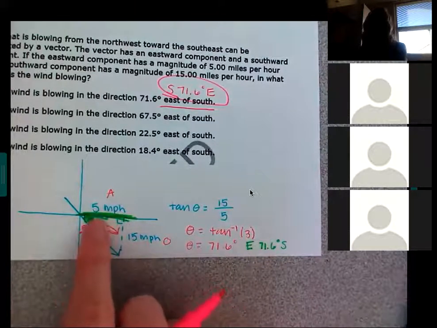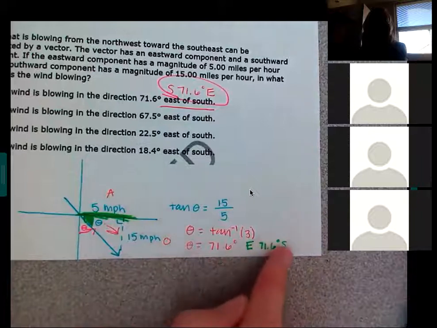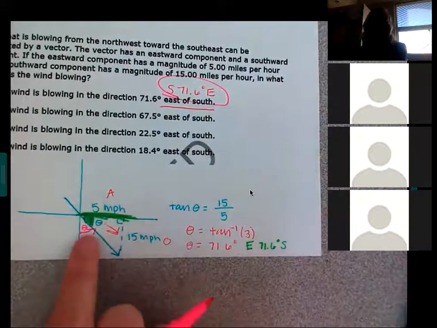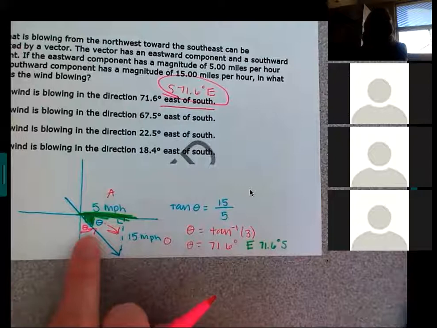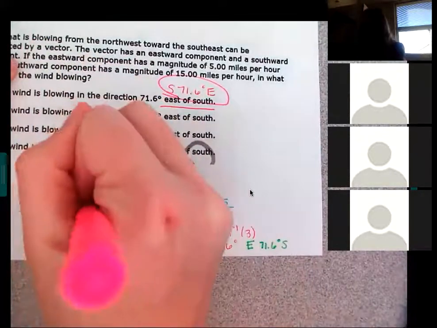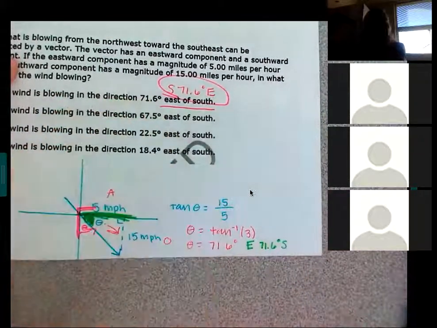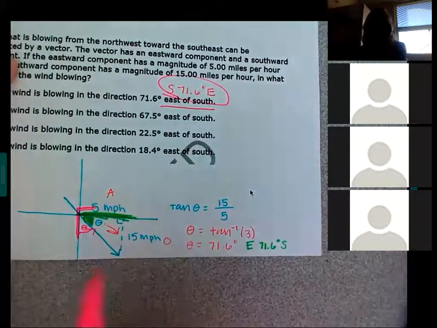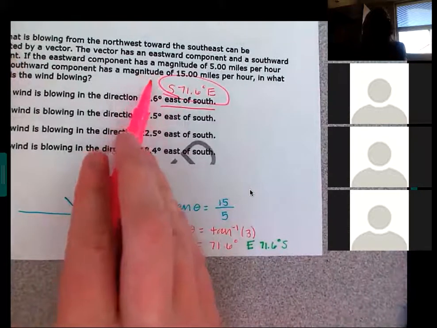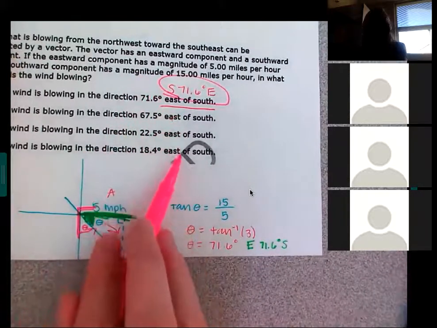So if we found east 71.6 degrees south, how do I find this pink angle right here? What could I do? Good, do 90 minus that, because look, everybody, this is a right angle, right? So it says find the direction, but then you have to read the answer choices.